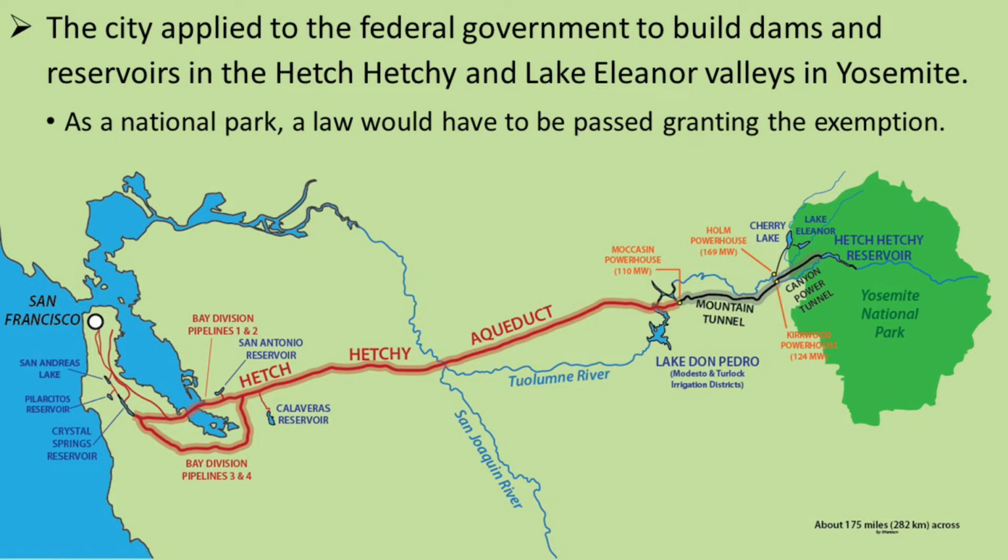So there is a conflict between the establishment of these dams and the location where they will be built, because that area is a protected area. So as a national park, a law would have to be passed granting the exemption.